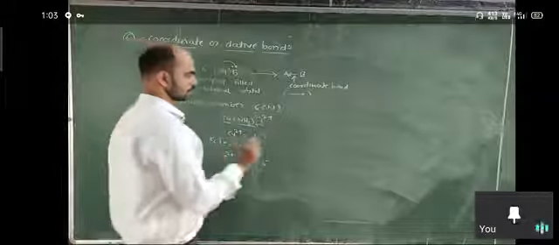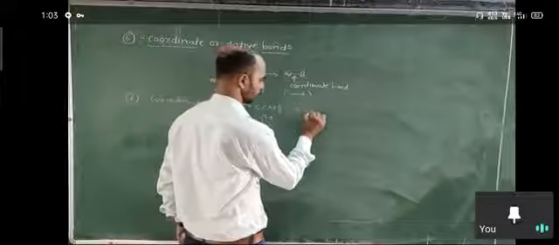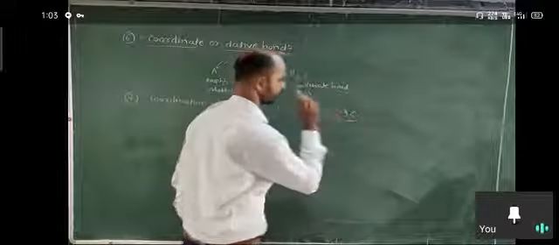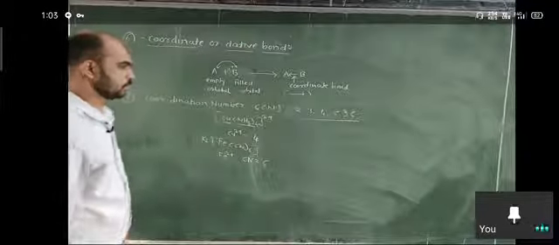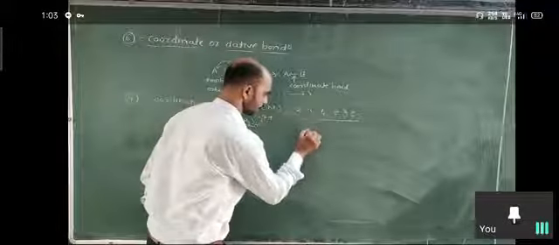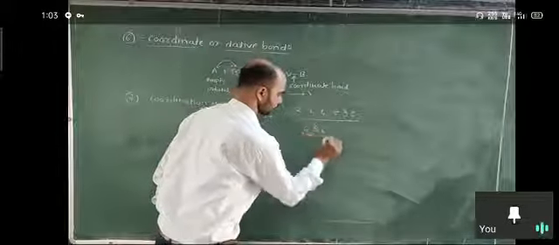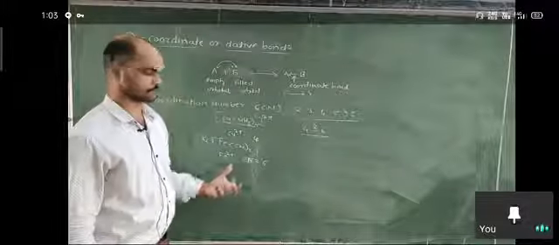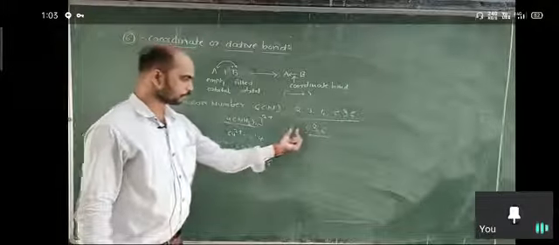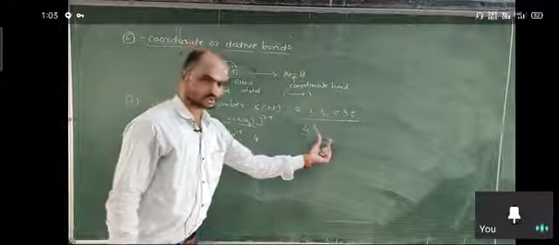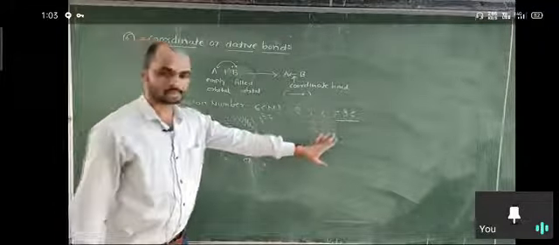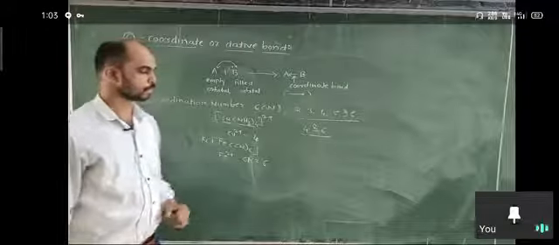Okay, so basically 2, 3, 4, 5 and 6 coordination numbers are observed in coordination compounds. But out of that, 4 and 6 coordination complexes are mostly observed, because a number of metals form 4 coordination number or 6 coordination number, or some form both 4 as well as 6 coordination number complexes.